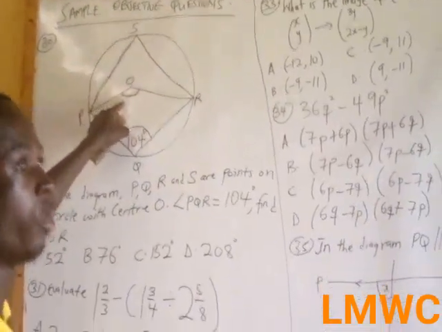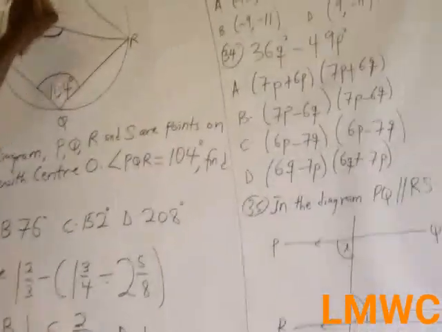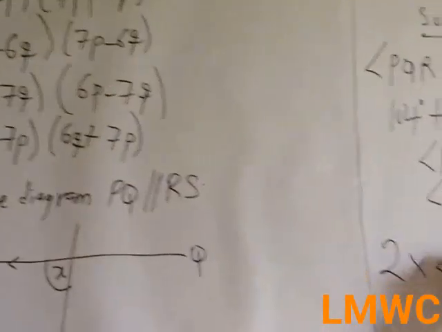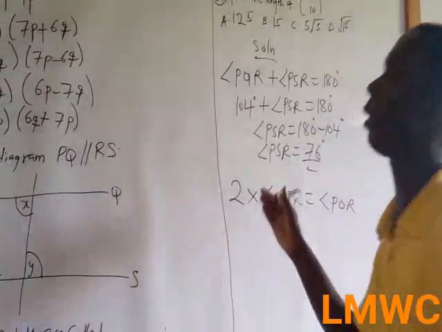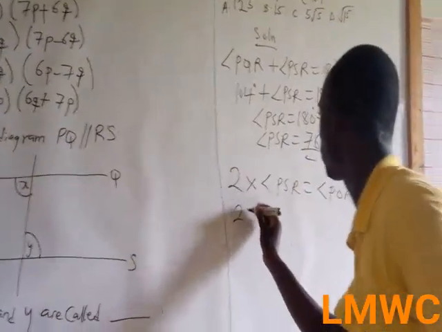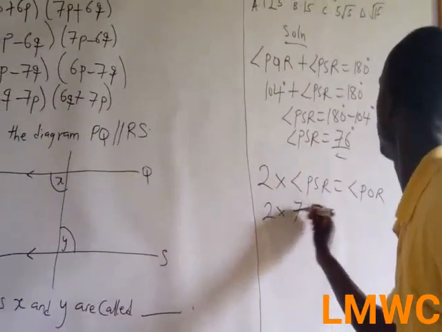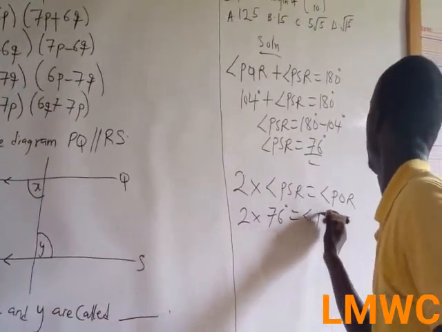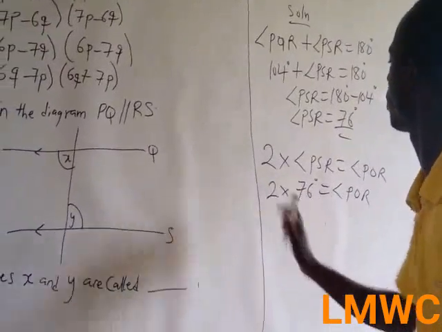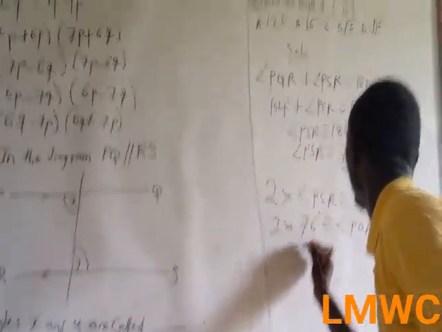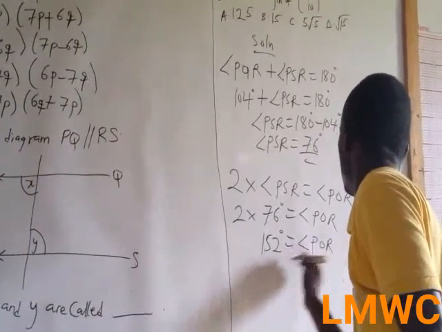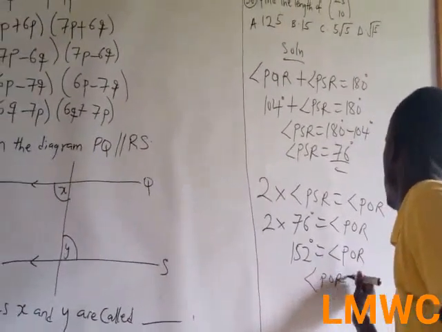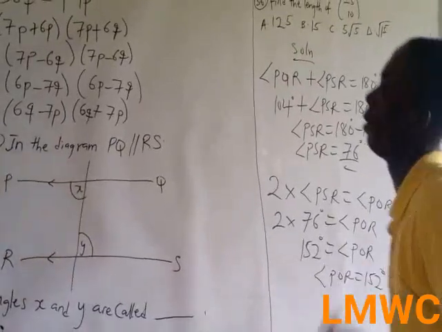And in circle theorems, one theorem is that twice this angle, 2 times PSR, will give us angle POR. That's one rule. So 2 times angle PSR, which is 76 degrees, equals angle POR. And this time, we are getting 152 degrees. So angle POR is equal to 152 degrees.